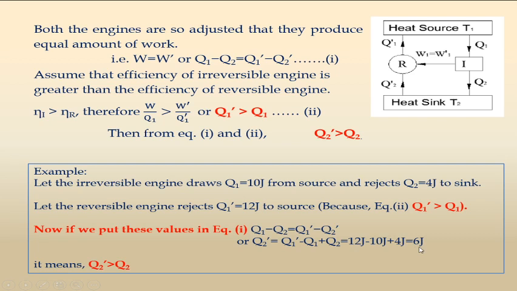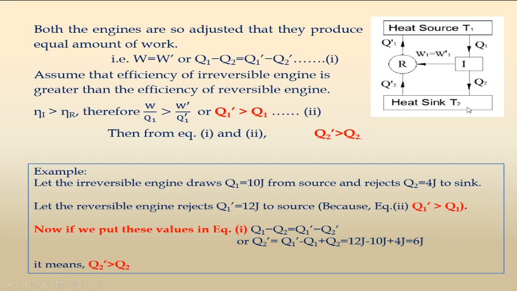It means that Q2 is the amount of heat rejected by the first engine to the sink, which we have assumed as 4 joules, whereas Q2 dash is found to be 6 joules as per the calculation. It means whatever energy you are transferring into the sink, we are drawing more heat from the sink by the reversible engine.